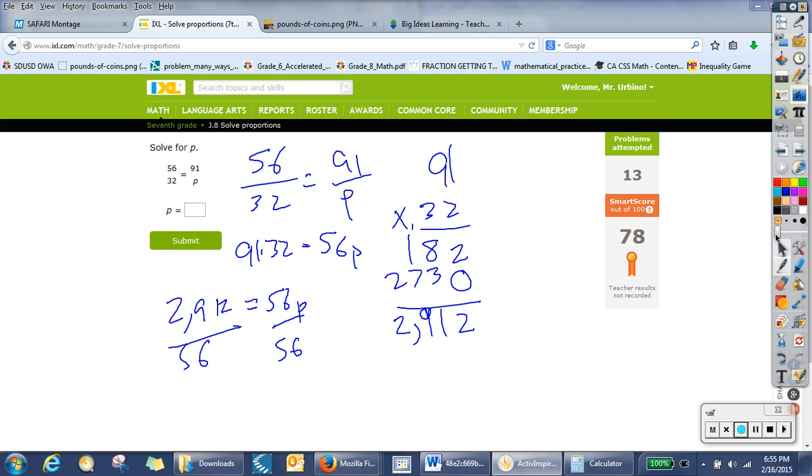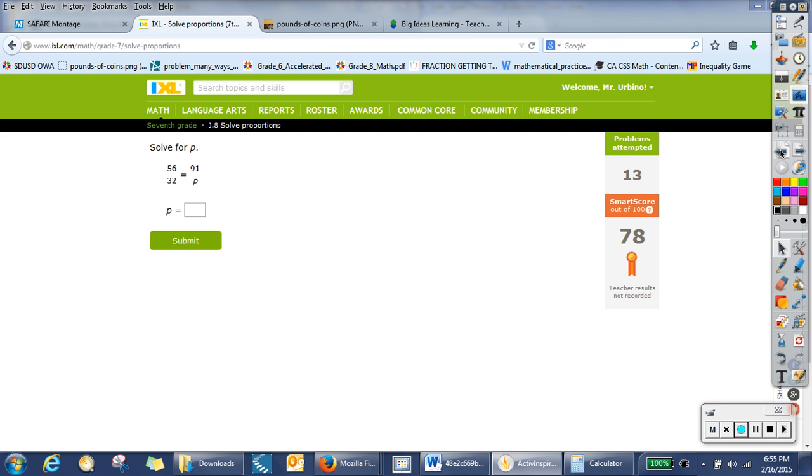I actually need some more space for this one. So we had 2,912 divided by 56.